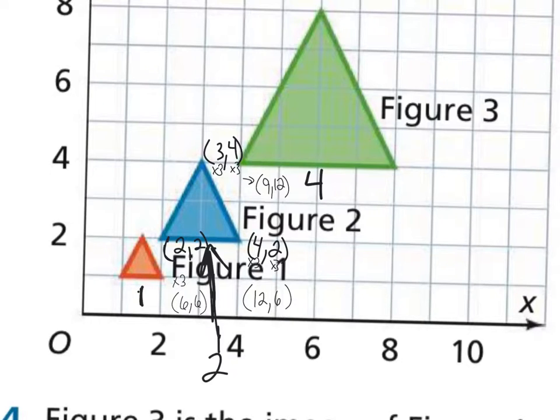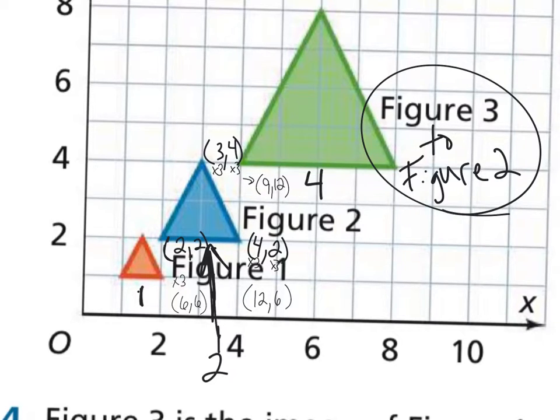And just remember, to make it half, you have to go from bigger to smaller, because we're making it half as big as it was originally. So one way of doing that, we could go from figure 3 to figure 2, because we're going from 4 to 2.